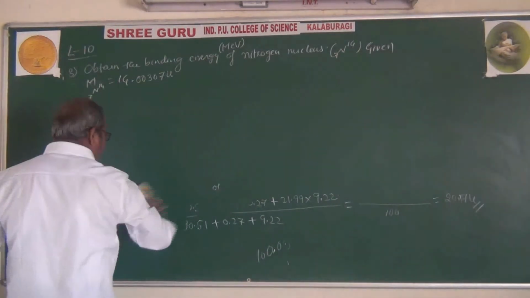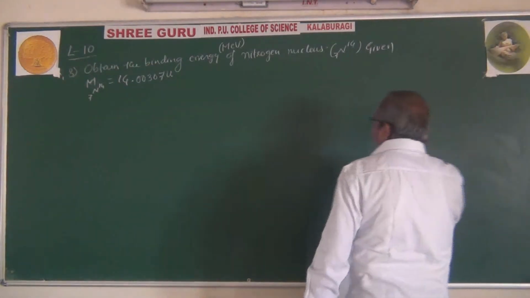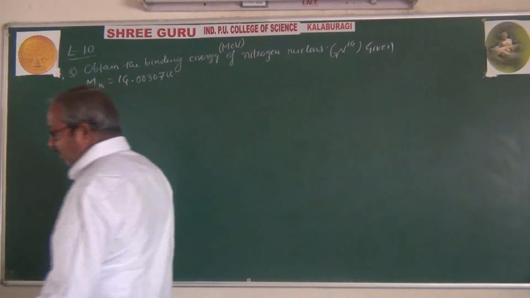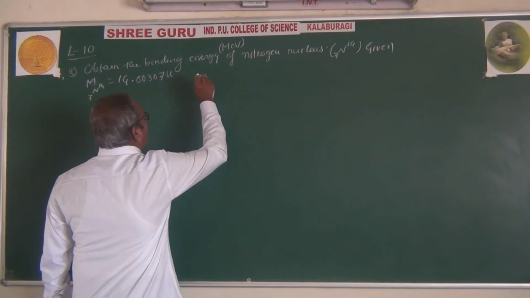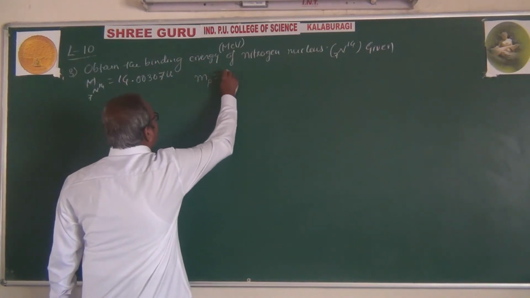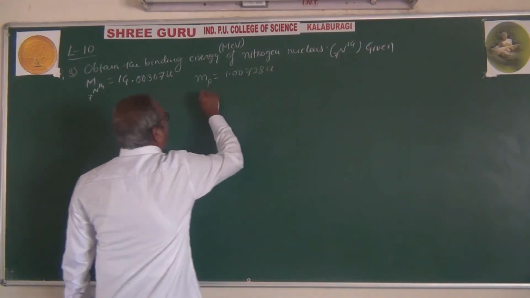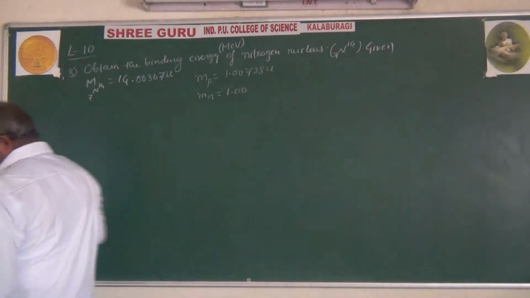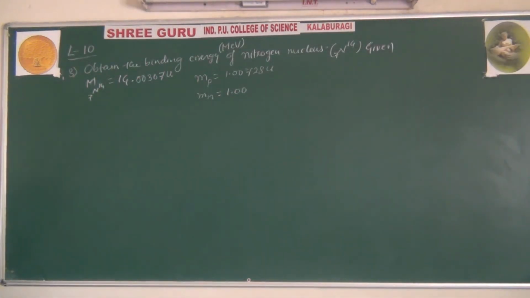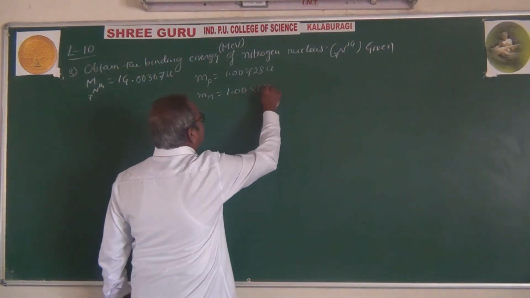So it is important to know the mass of the proton and the mass of the neutron in atomic mass units. Mass of proton is 1.00728 U and mass of neutron is 1.00867 U. These masses will be given, or you have to note them.